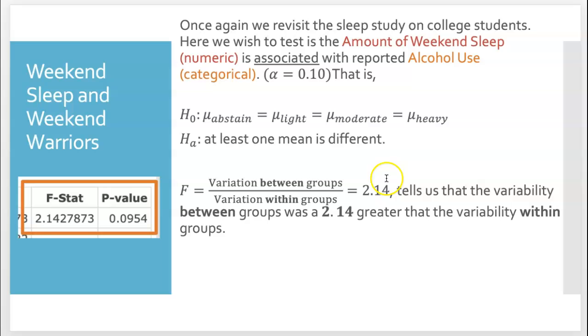Remember, we're going to reject if this number is large. How large does it need to be? Of course, it depends on the p-value. But that's how we interpret this F statistic. All these test statistics have an interpretation, and this is how it works for the F.